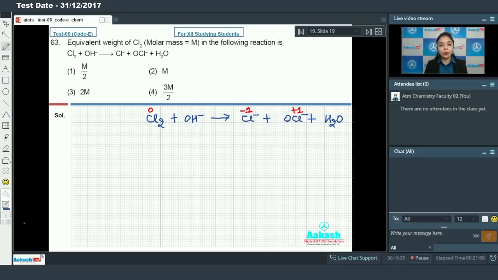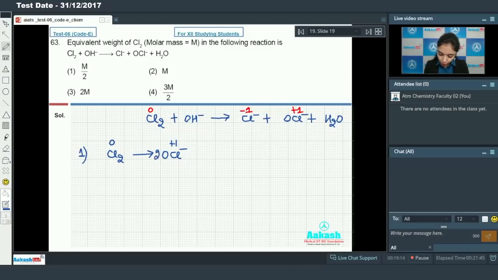To calculate the equivalent weight in the case of a disproportionation reaction, first of all write the oxidation reaction and the reduction reaction separately. First we will write the oxidation part. This is OCl⁻. Here the oxidation state is 0 and here it is +1. First balance the chlorine atoms.